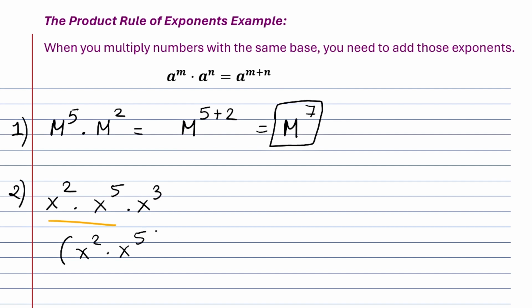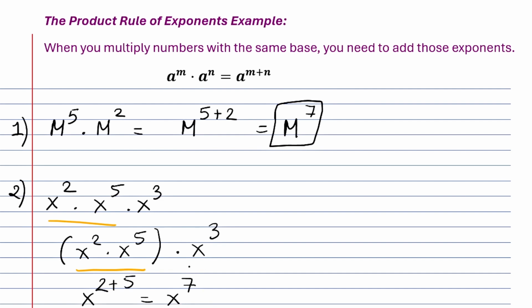I'm just going to put it in parentheses so that you guys are not confused. So the first thing we're going to solve is this. As you can see from our formula, we can add 2 plus 5. Since we have the same base, we can add 2 plus 5, which equals 7.